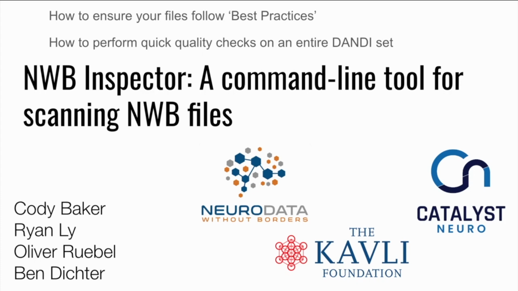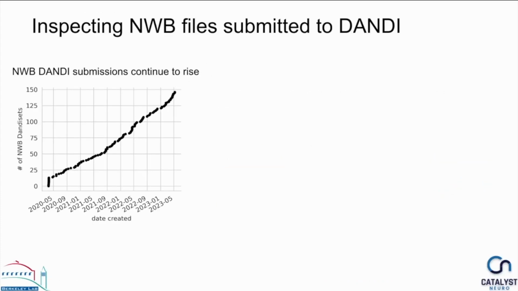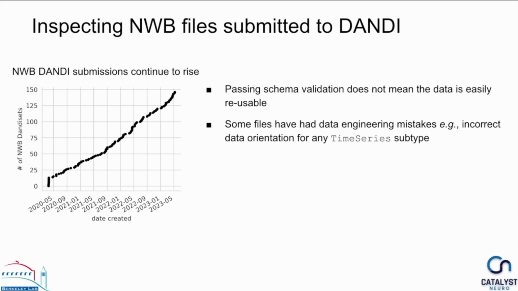Okay, so really quickly, what is the NWB inspector? We've seen that submissions of NWB datasets to DANDI have continued to rise over the past several years, now up to about 150. Passing strict schema validation in the NWB sense does not always mean that the data is easily reusable by other people.